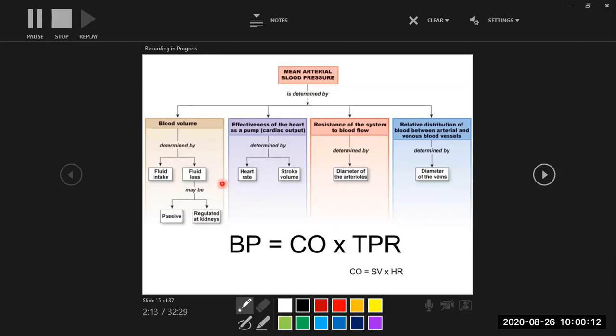Fluid loss, this one could be bleeding or swelling. That's losing the fluid, and that decreases the blood volume, and that decreases the BP.